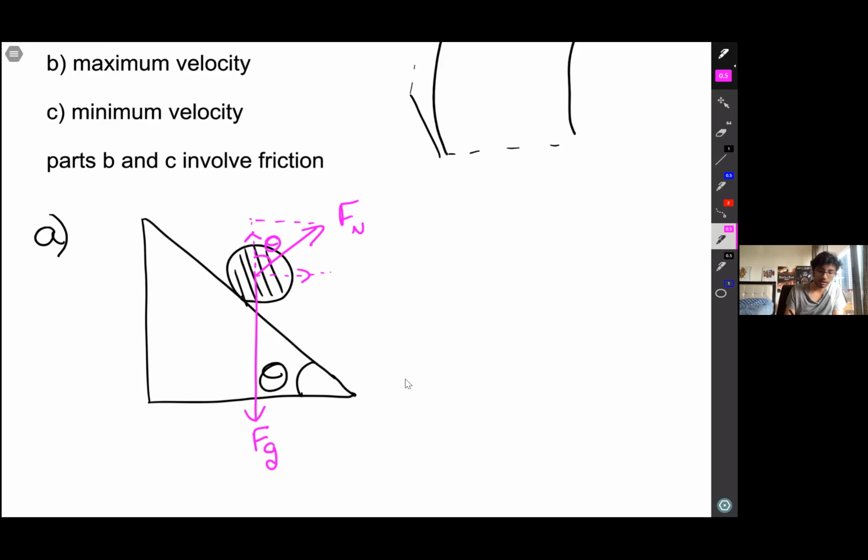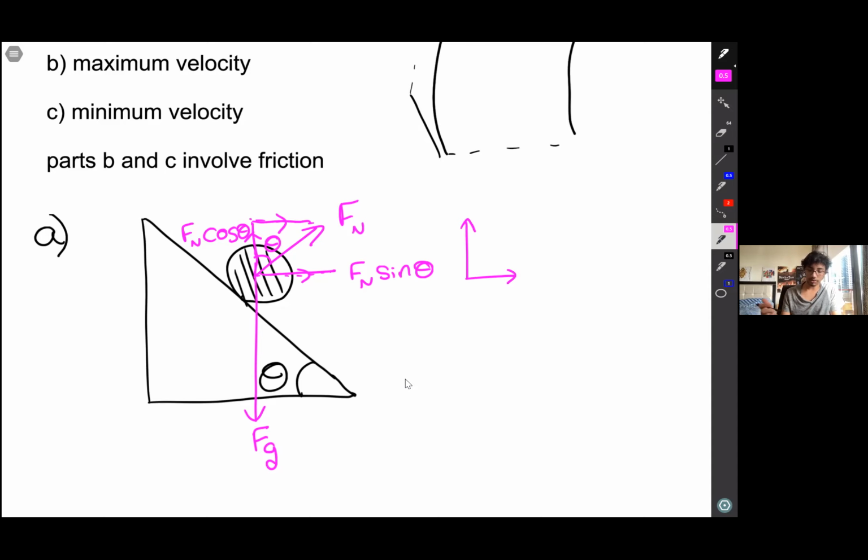This component is adjacent, therefore it is Fn cos theta, and this one is opposite, so it is Fn sine theta. Now it has been resolved into its components: one acting in the upwards direction and one acting horizontally.